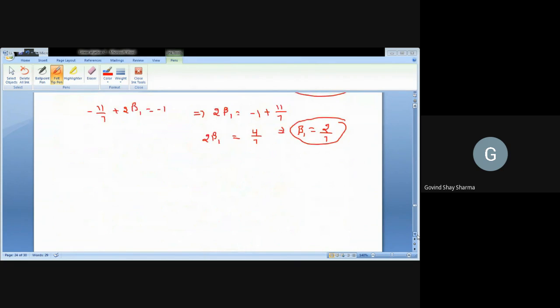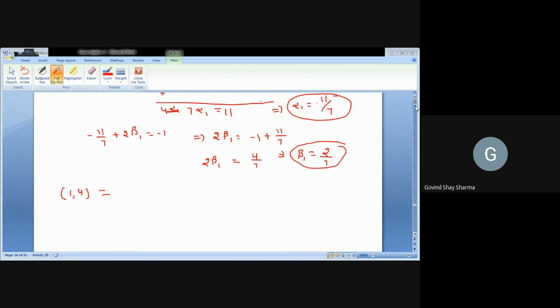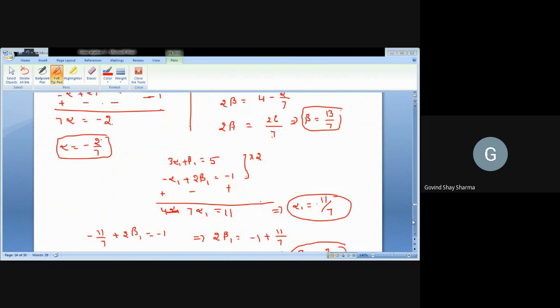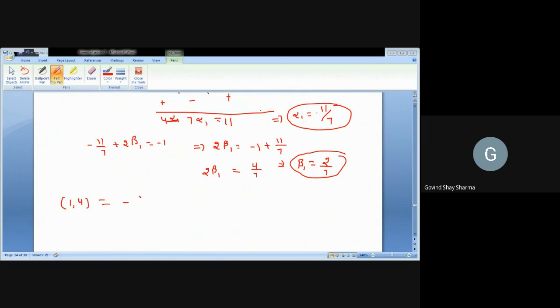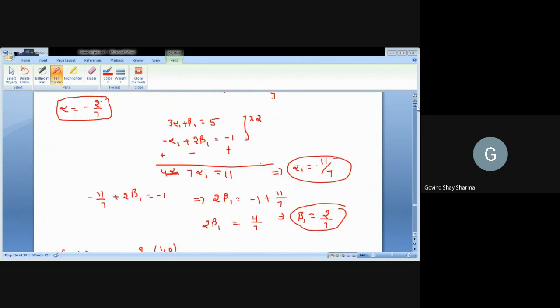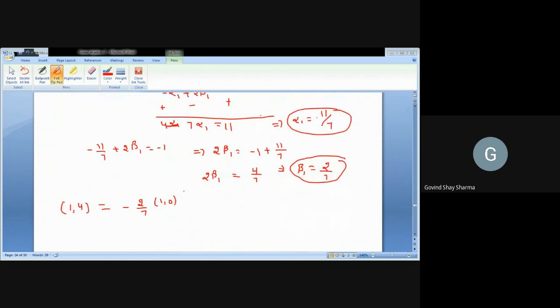By equation 1, (1, 4) can be written as a linear combination: the alpha value is minus 2 by 7 times (3, minus 1), and the beta value is 13 by 7 times (1, 2).